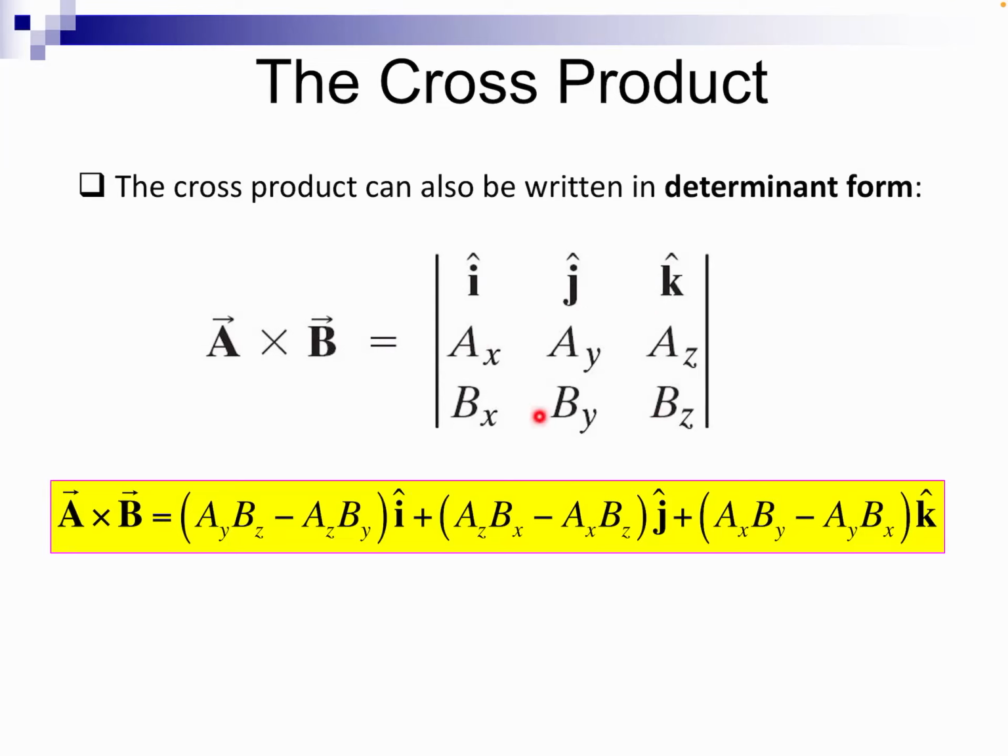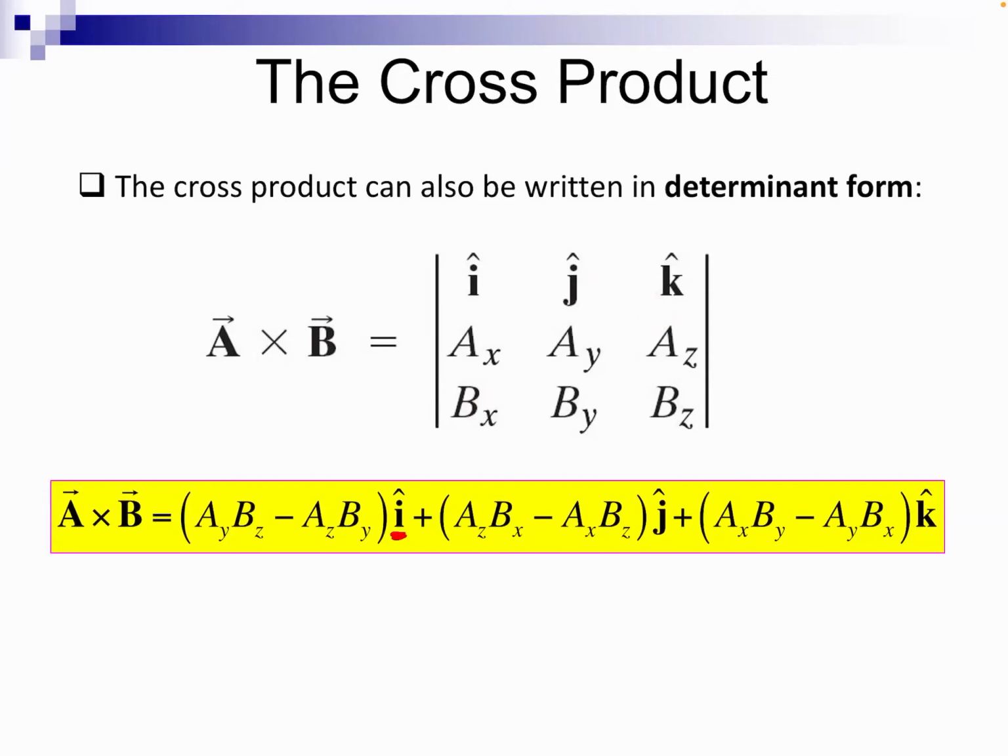You can use this matrix and put your values for your i, j, k vectors in matrix form. If you want to get the i hat component for the cross product, you cover the i column, and you're just getting the cross product between j hat and k hat.